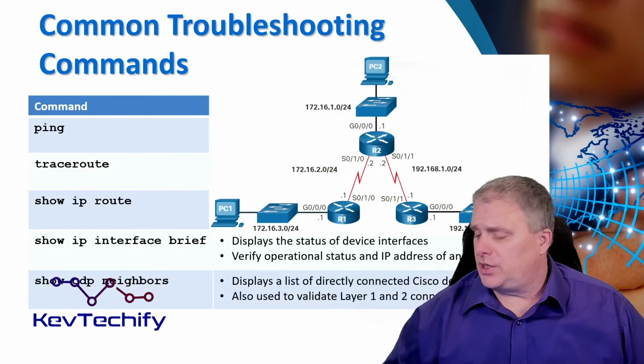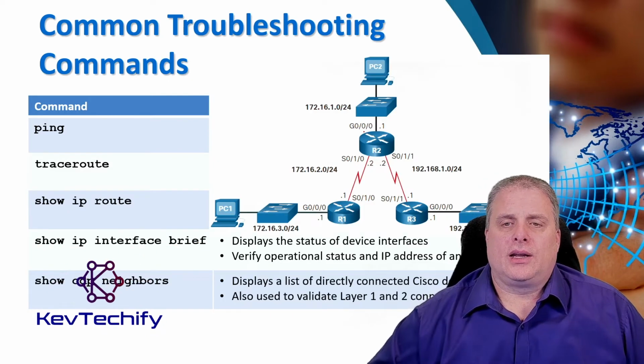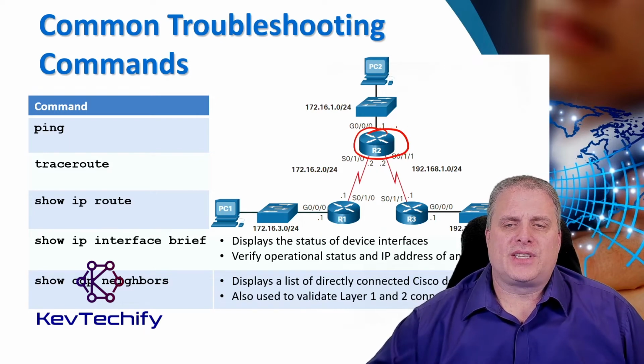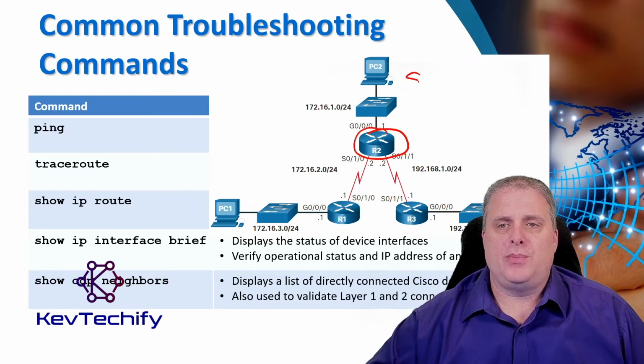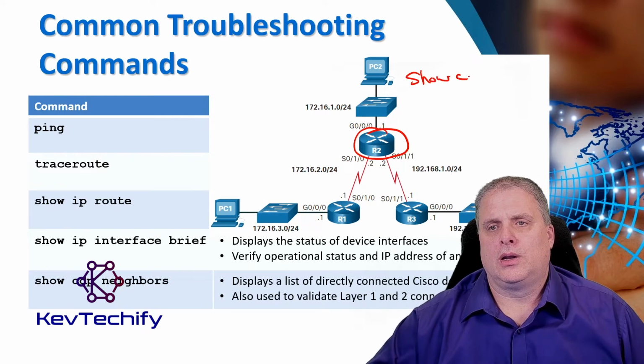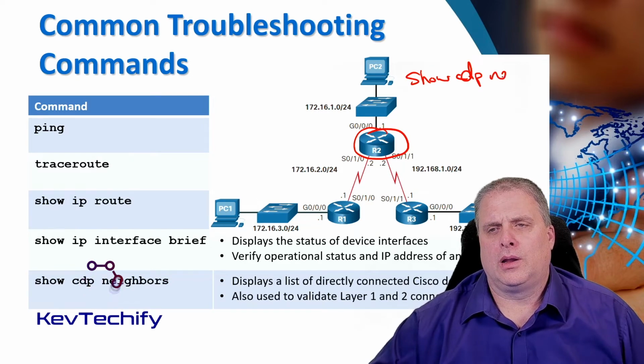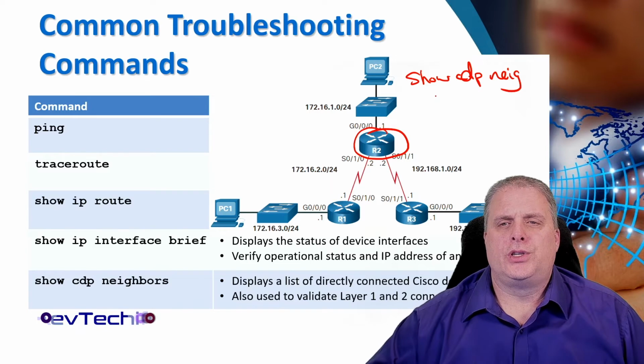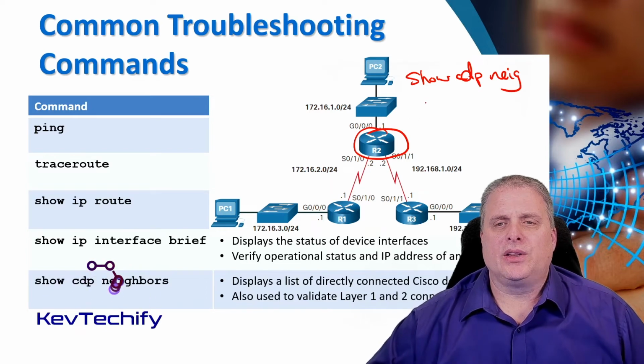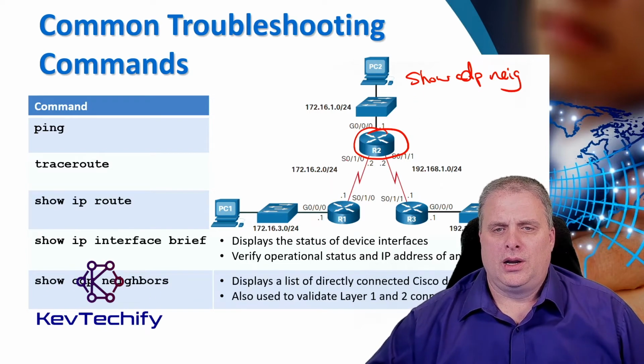Now, how that works is we're going to look at R2. Say on R2 here, we have CDP, and we do the show CDP neighbors. It's going to list out a port here. It's going to list out serial 0/1/0.